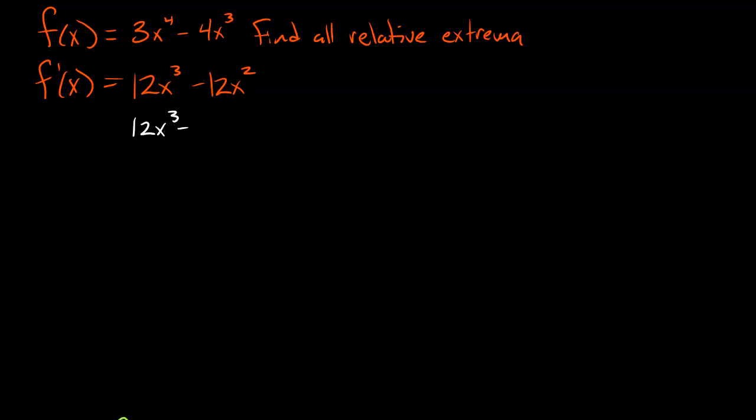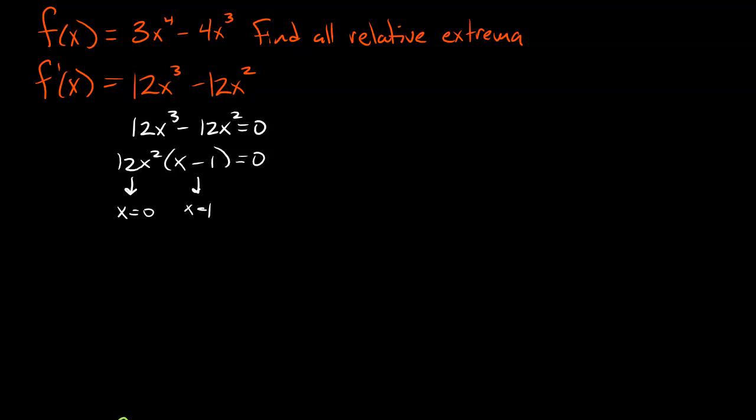The difference is that this one started as a fourth powered function, so it could have more curves. 12x squared equals 0. Factor out 12x squared, leave with x minus 1. And so we end up getting two critical numbers again, which is not standard, each one's different. So you get 0 and 1.